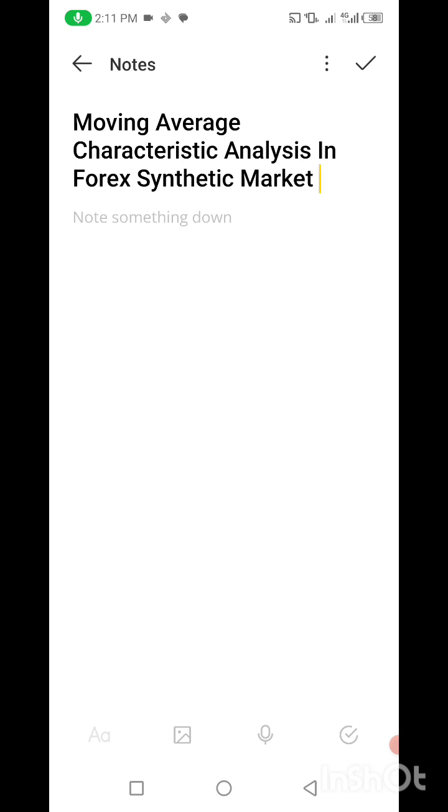I have been using this word characteristic in several topics in this channel. Characteristics means when you plot a graph of an action, the shape of that graph, the information you can deduce from that graph, constitute the characteristic of that graph.